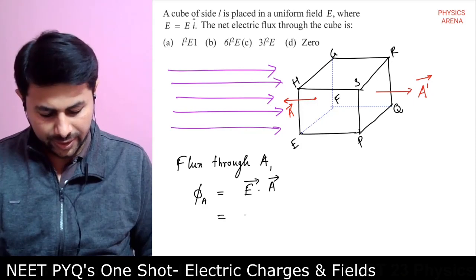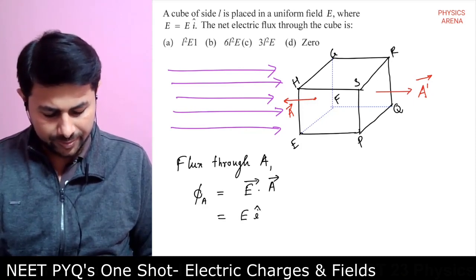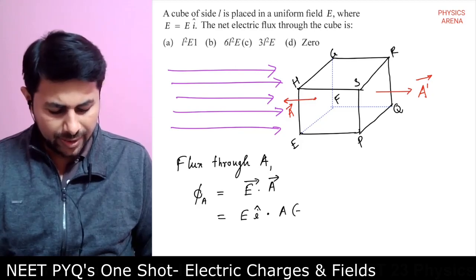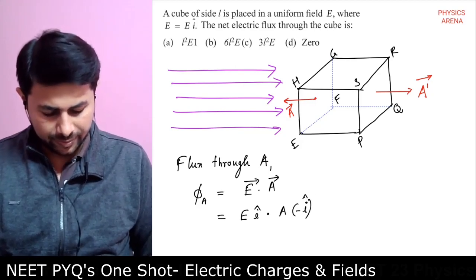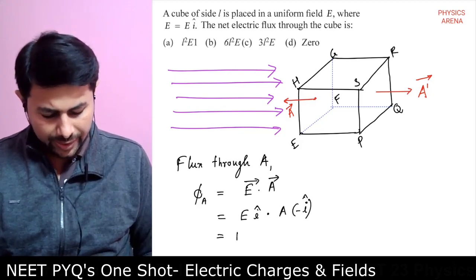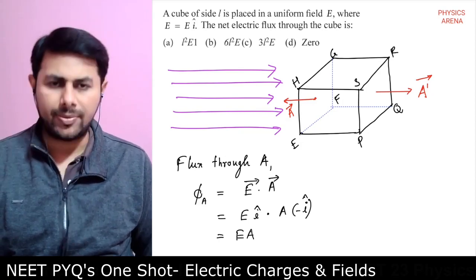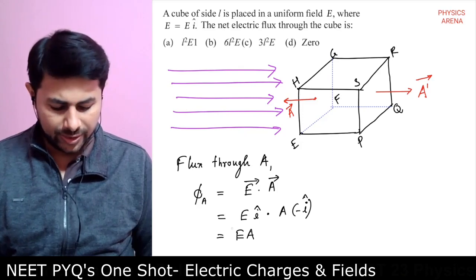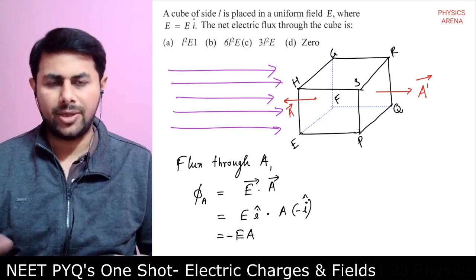So it is E multiplied by I cap dotted with A multiplied by minus I cap. So it is E multiplied by A multiplied by I cap into I cap, which is 1, but we have this negative sign. So it is minus EA.